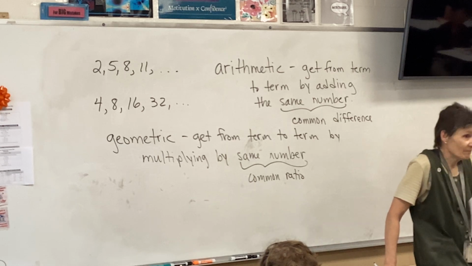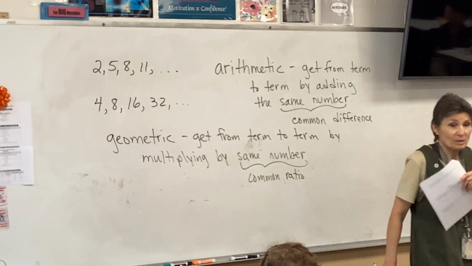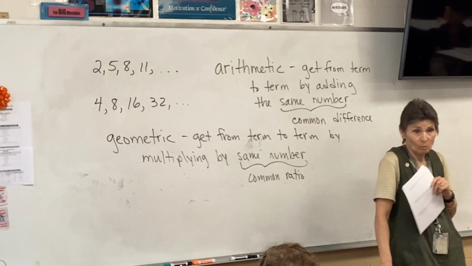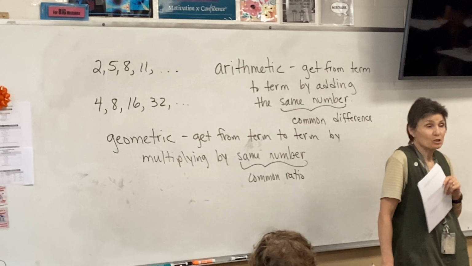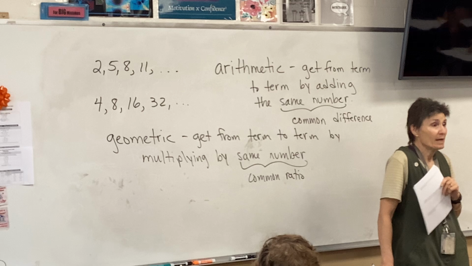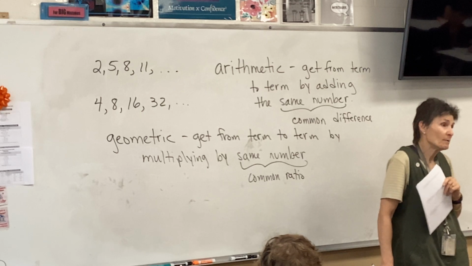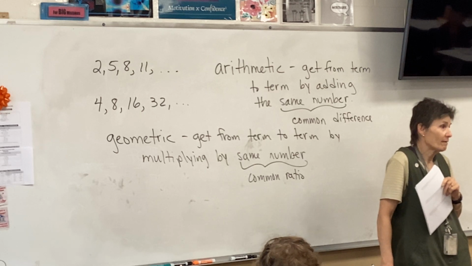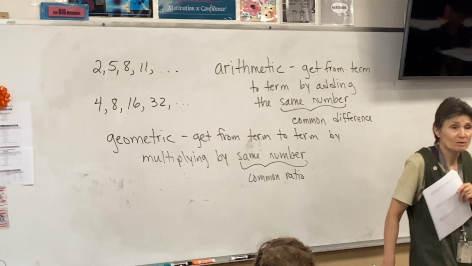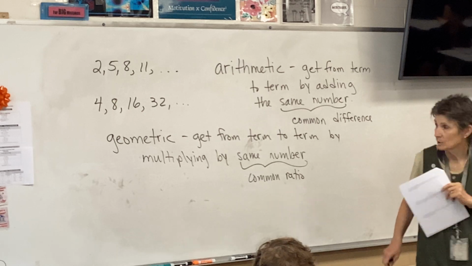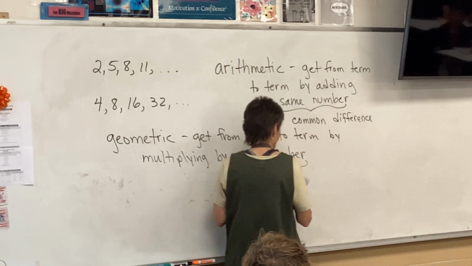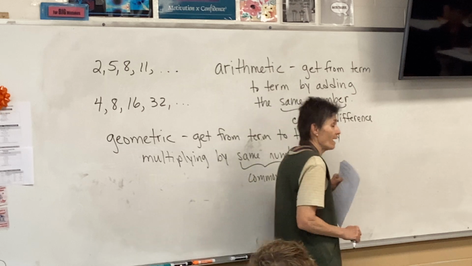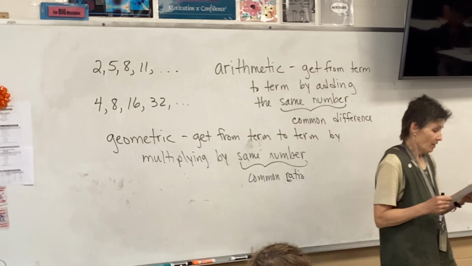We're actually dividing by 2, which is multiplying by 1/2. So it's geometric, and R, the common ratio, is 1/2. So go ahead and write that down. Geometric, R, which is the common ratio, R is 1/2.